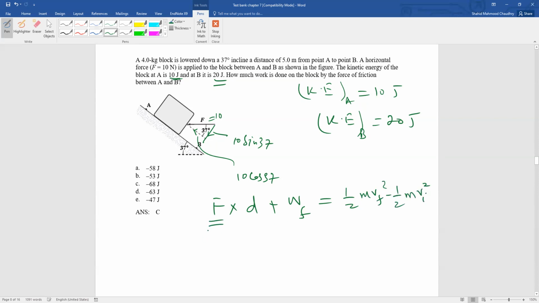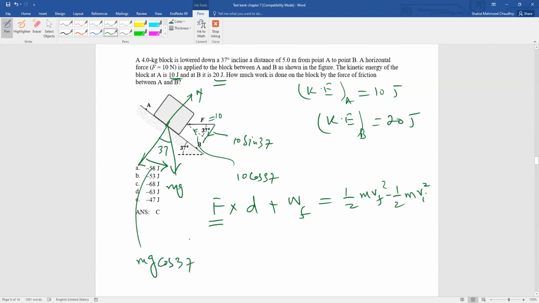But here the problem is this F, because it is not a simple F. There are many other forces. One is the weight acting vertically downward. Its normal reaction is upward, and this is the component of mg, and this direction will be in this way. This is 37 and this component will be mg cos of 37.